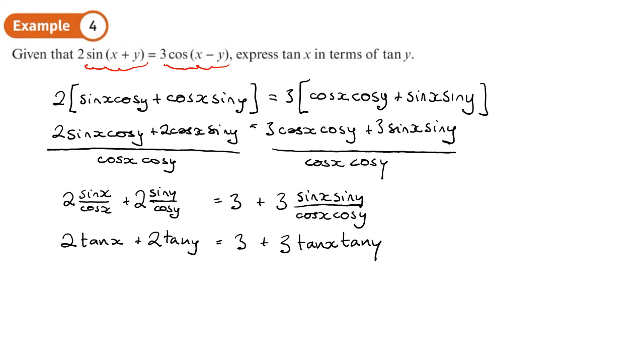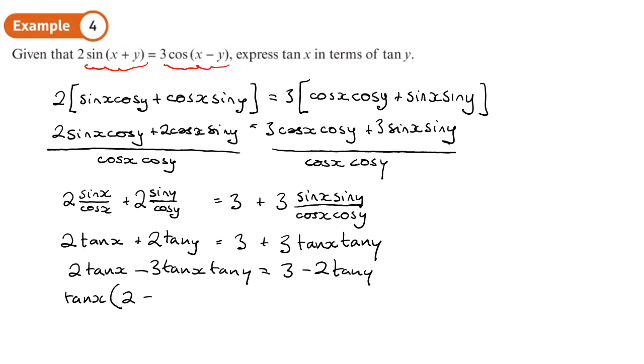Okay, so express tan x in terms of tan y. The last step is just to make tan x the subject. So let's move all the tan x's to one side and move everything else to the other side. Let's factorize this side, so we get tan x outside the bracket.